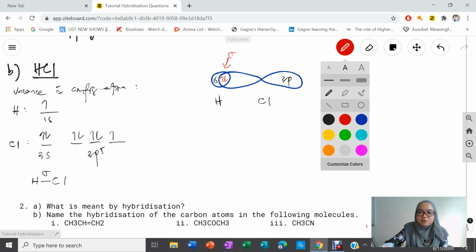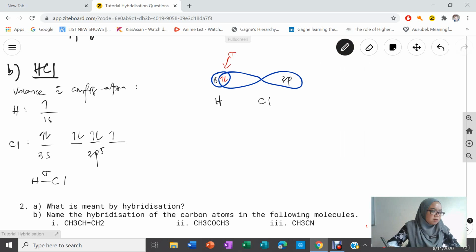Okay, so how are we going to explain the valence bond theory, to explain the orbital overlapping between H and Cl?